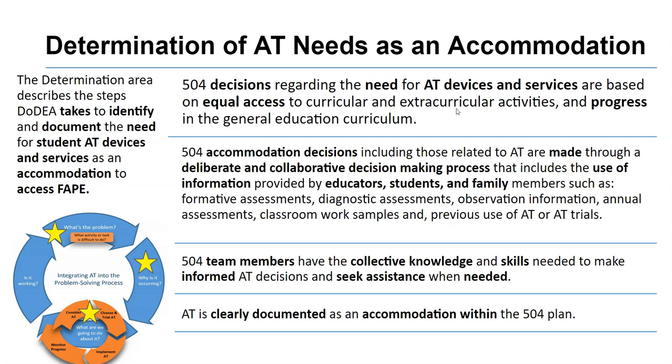How is the student doing in the classroom? What happens when they're given opportunities to use different technologies or features? We're pulling from a wide area of information. There's not one specific test for determining the need for an assistive technology device or service. We look at the overall student, the environment, and the tasks the student is engaging in.